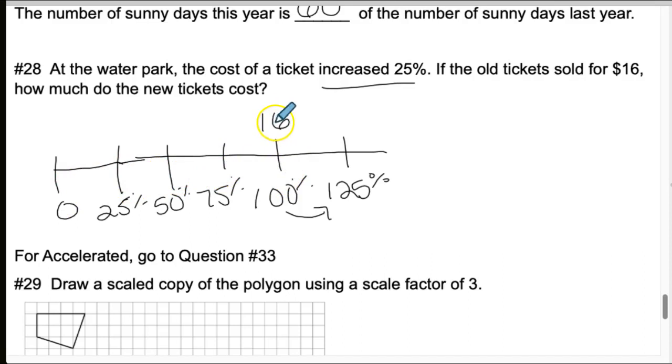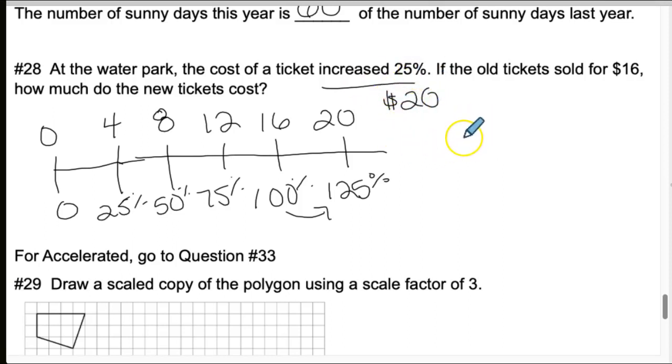So I'm going to take 16 and divide it by 4. 16 divided by 4 is 4. That means $4 plus another 4 is 8, plus another 4 is 12, plus another 4 is 16, and then we're going up one more because the price increased by 25%. So 16 plus 4 is $20.